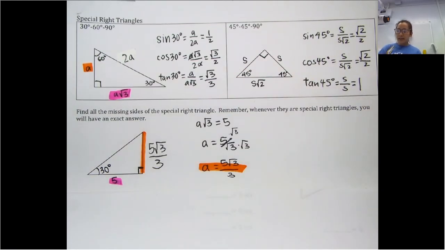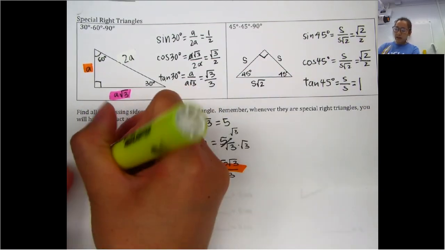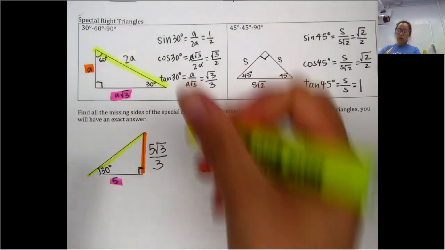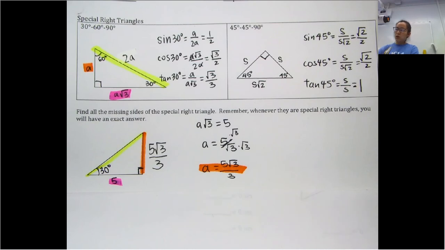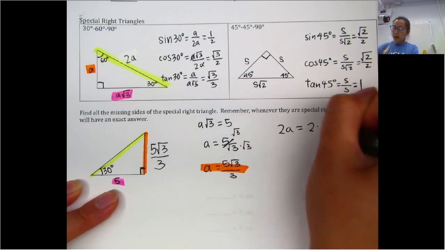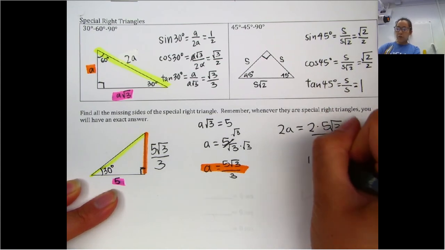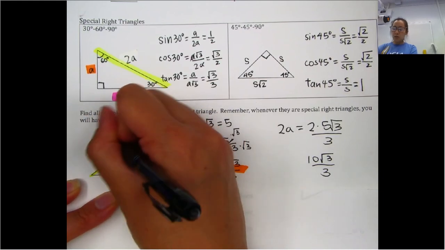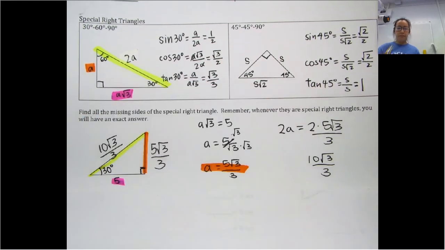And then the opposite side of that, which is this side, is going to be 2A, which is 2 times that. So 2A equals 2 times 5 root 3 over 3. That would just be 10 root 3 over 3. So this side length is going to be 10 root 3 over 3.